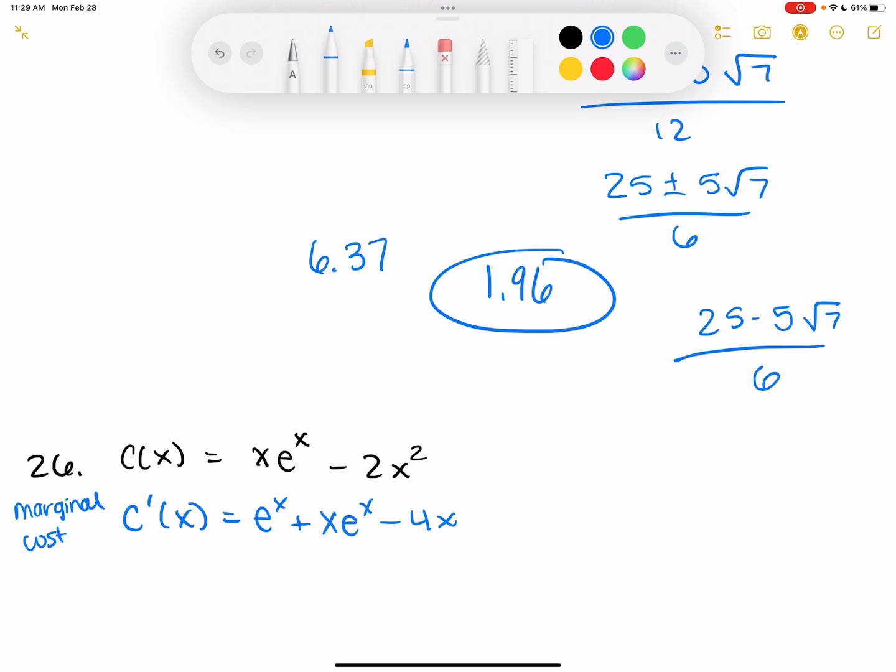And then this next thing I'm going to give you is a formula. Oh, never mind, it's on page 229. It says that marginal cost is C prime of x, and then average cost, which is what I'm about to write down, is C of x divided by x, which is then, for our case, we divide by x, we're left with e to the x minus, take out an x out of this one, 2x.